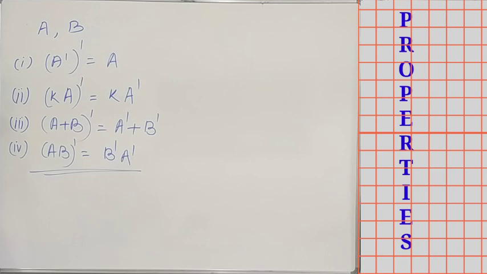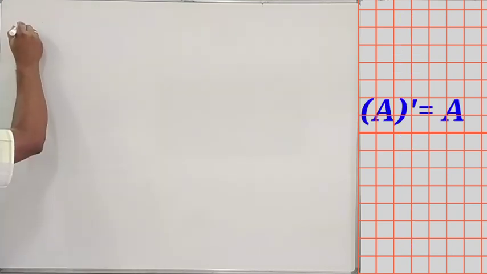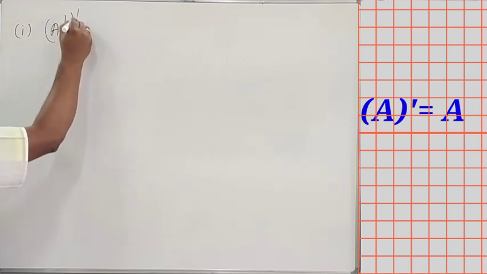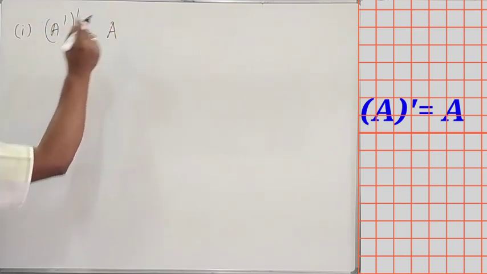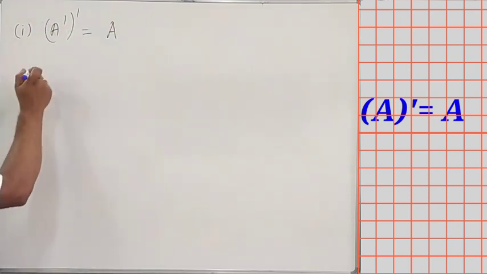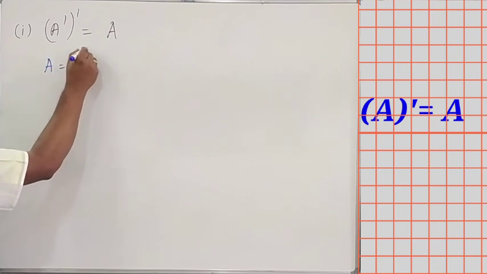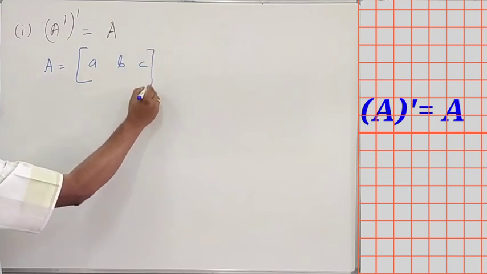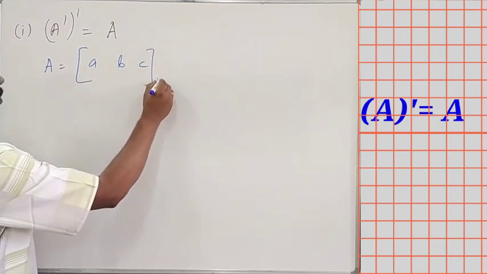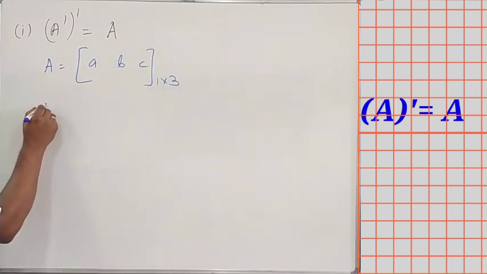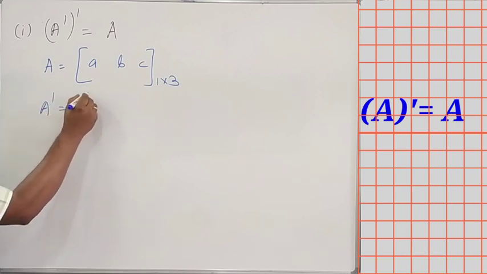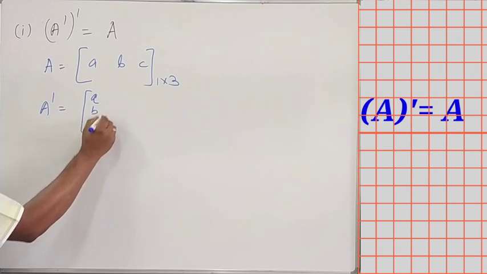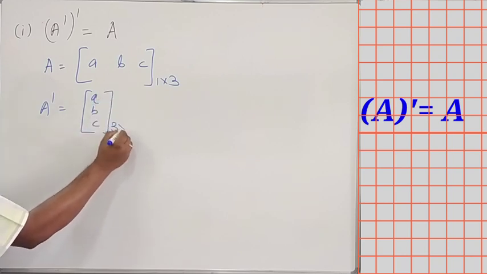Let us see this by taking few examples. The first property, that is A transpose whole transpose is equal to A itself. Let A be the matrix, say a, b, c, which is of order 1 by 3. We find the transpose of A, that's equal to a column matrix a, b, c, of order 3 by 1.